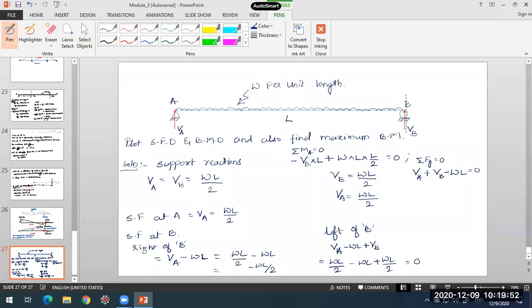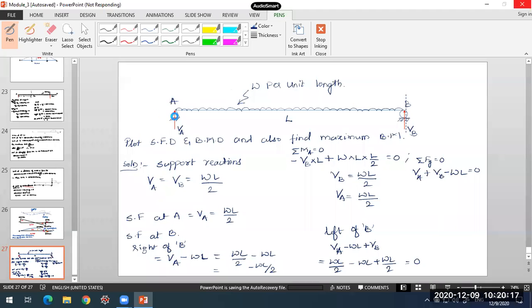Under such a standard loading condition, when the beam is carrying a uniformly distributed load for its entire length, so a simply supported beam carrying UDL over its entire length, if I want to find the shear force and bending moment diagram and also determine the maximum bending moment, what we are doing here is this.